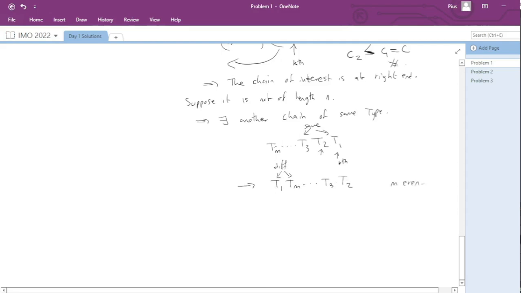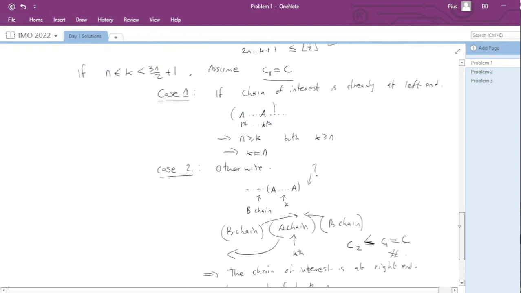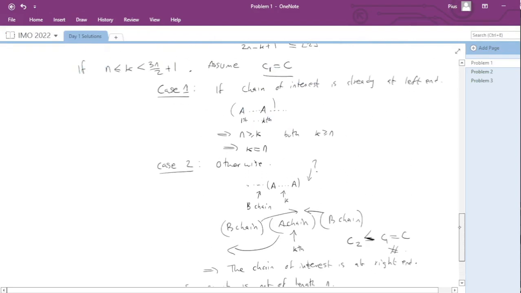Okay, and next we have that, since we're already in a stable state and there are only two cases. The first case, it means that we already have n on one side, n on the other side.